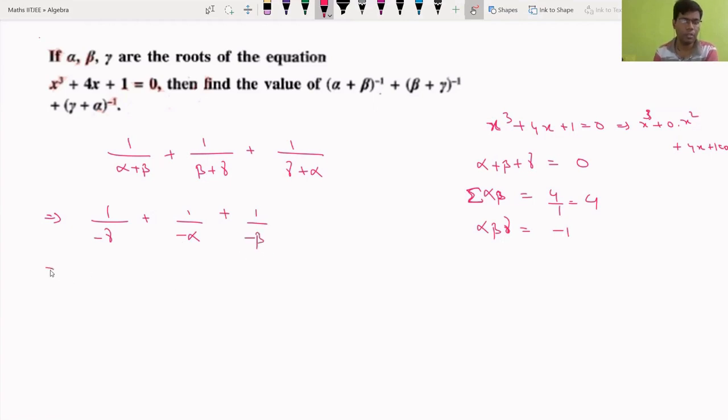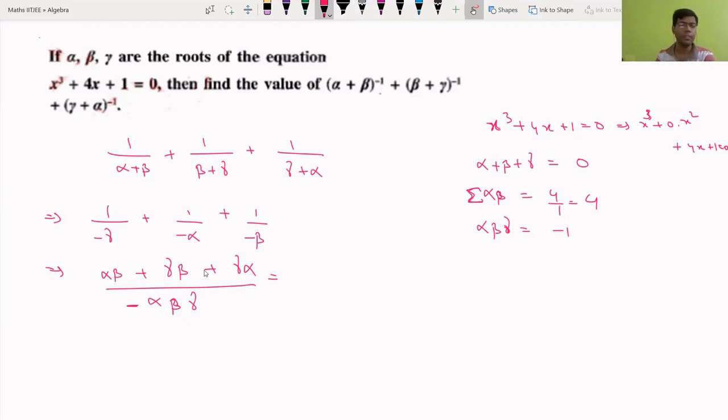Now it's better to take the LCM because it's a simplified one. We have alpha, beta, and gamma in the denominator, and in the numerator we will have alpha beta plus gamma beta plus gamma alpha. And what about the negative sign? We'll have a negative sign over here, so all of them will get a positive numerator.